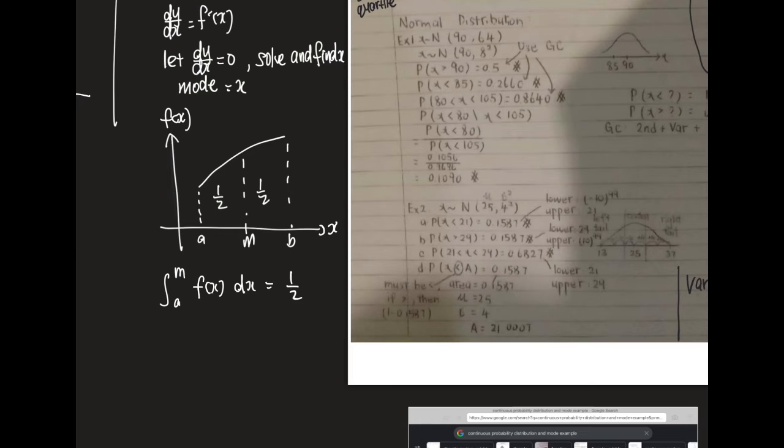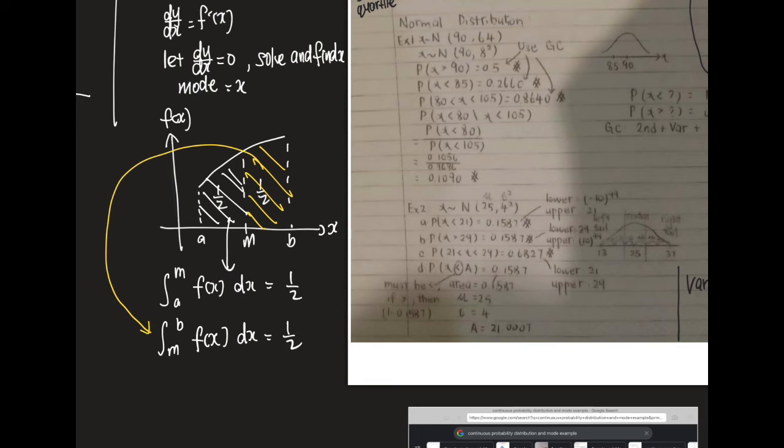If you integrate from median to B, it is also 1/2, but we are using this area. Okay, so you can do left hand side or right hand side. It's up to you, so depends on which function is easier to take.